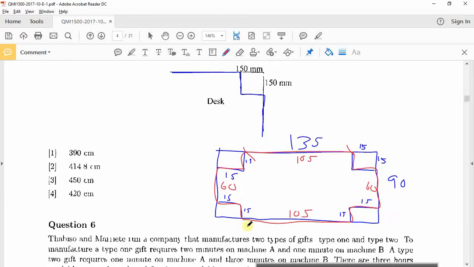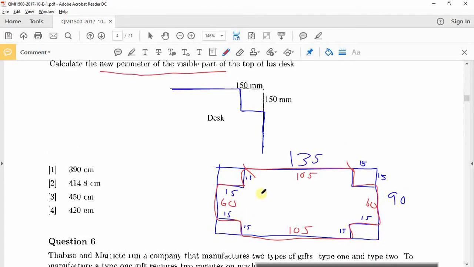Okay, 60. Right, so that means that the visible perimeter is going to be all of these sides added together. So it'll be 105 plus 15 plus 15 plus 60 plus 15 plus 15 plus 105 plus 15 plus 15 plus 60 plus 15 plus 15 equals 450.